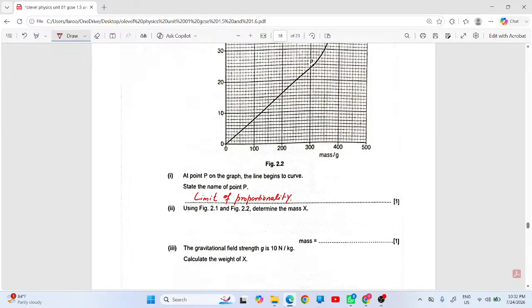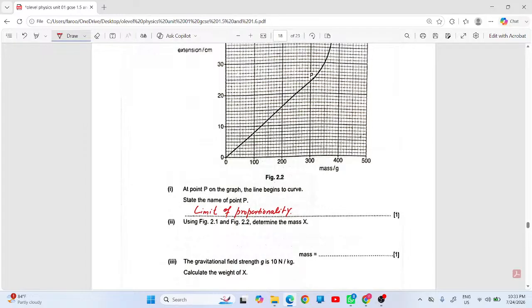Using figure 2.1 and the mass. So ऊपर करना.